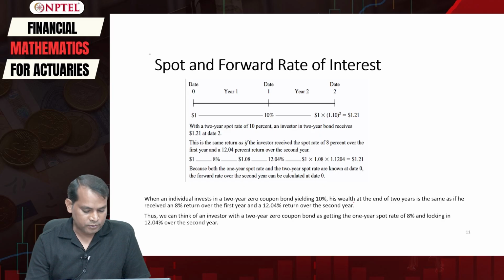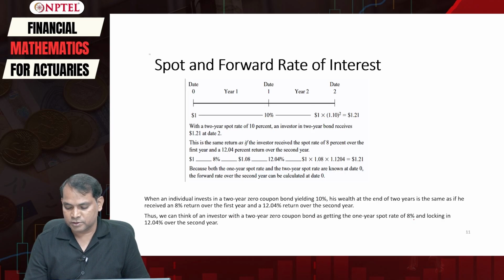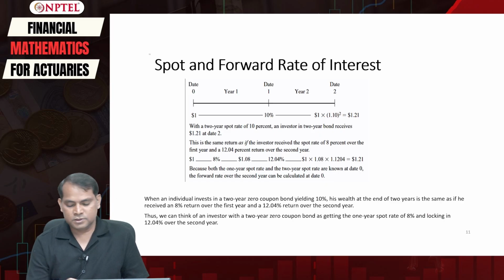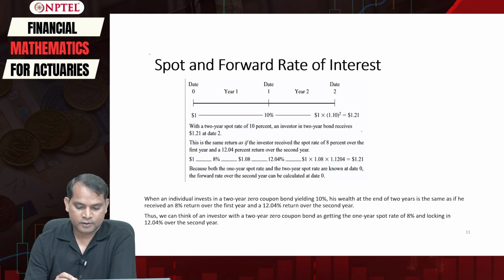Therefore we can think of an investor with a 2-year zero coupon bond as getting the 1-year spot rate of 8% and locking in 12.04% over the second year. This can be very clear here.